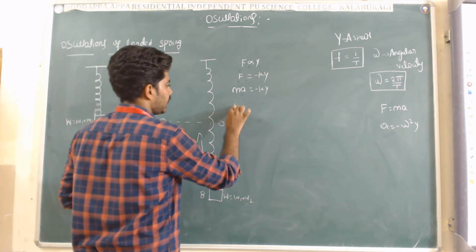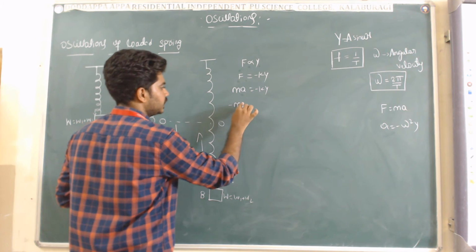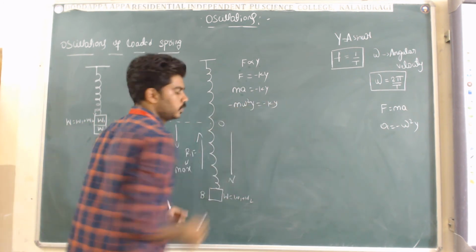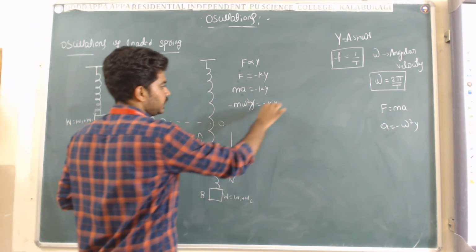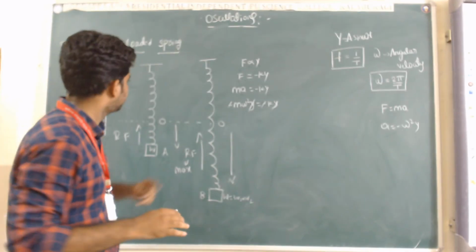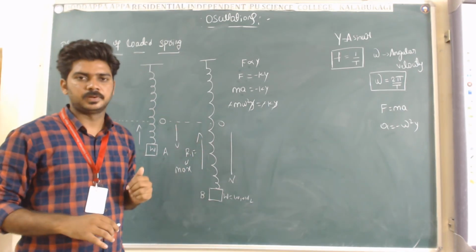We just put this acceleration value in this equation. So m as it is, a value is minus omega square y, so minus m omega square y equals minus k y. Here y and the minus will get cancelled. Remember that here we are going to get the expression for time period and frequency.